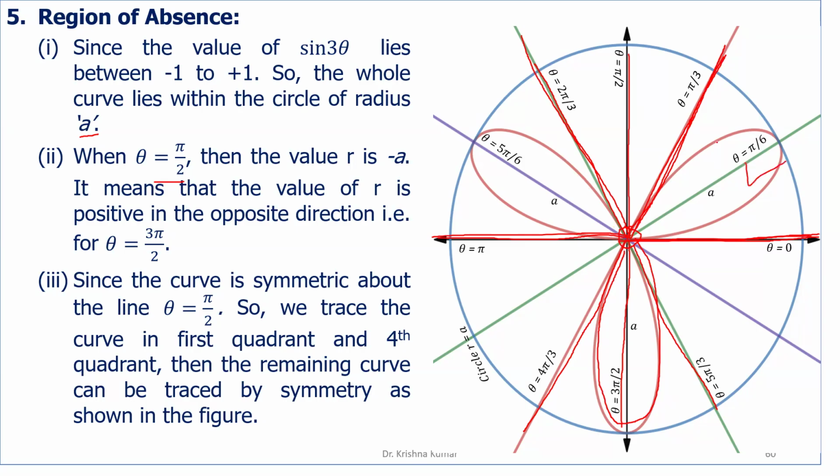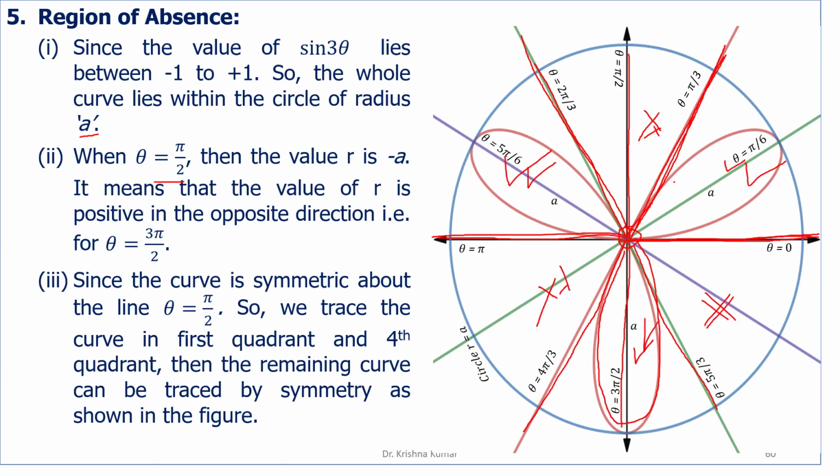So there is a loop, no loop, again loop, no loop, again loop, no loop. There are 6 tangents, so in between them there will be 3 loops and 3 vacant places.